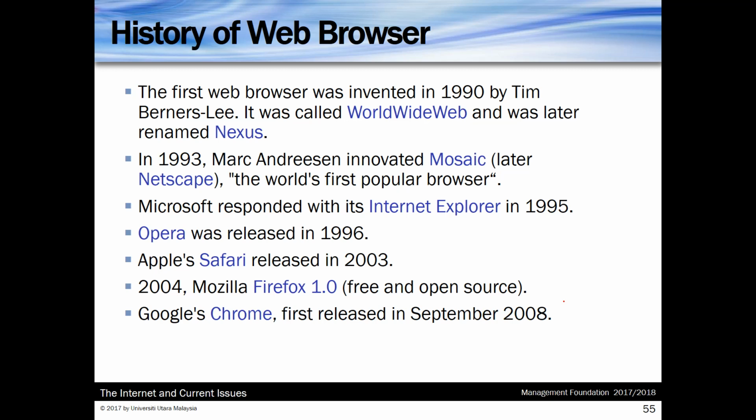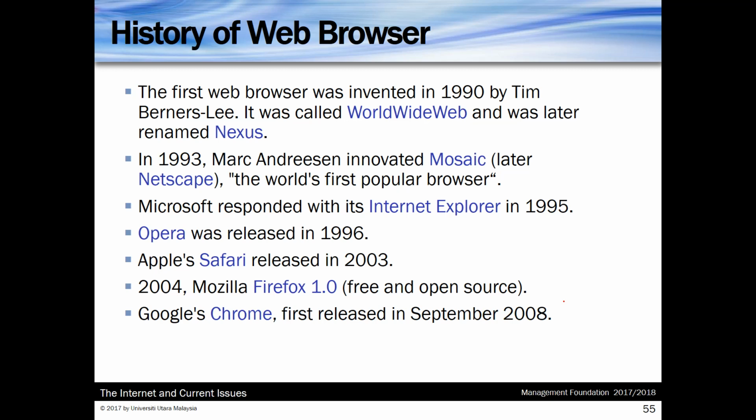Please do not confuse it with the World Wide Web, three words. It was later renamed to Nexus, so as to differentiate it from the actual World Wide Web. So this was the only browser and the only way to access the web during these years.